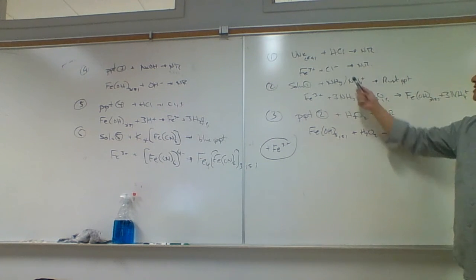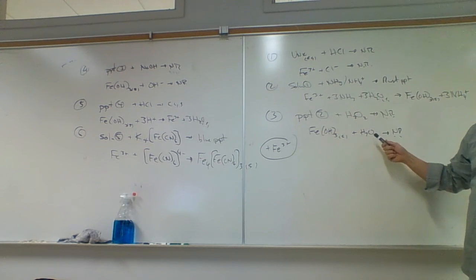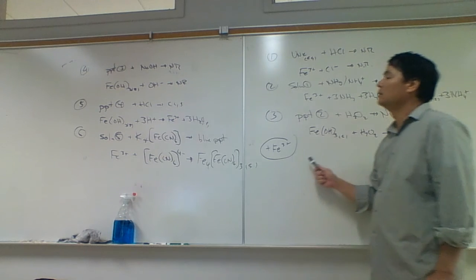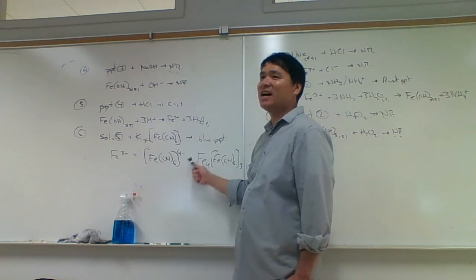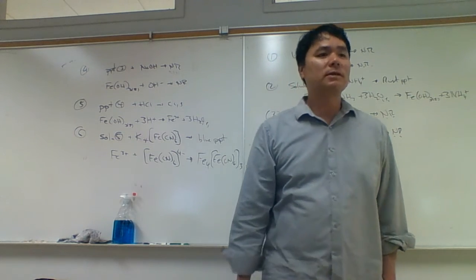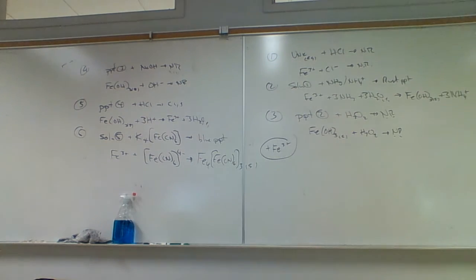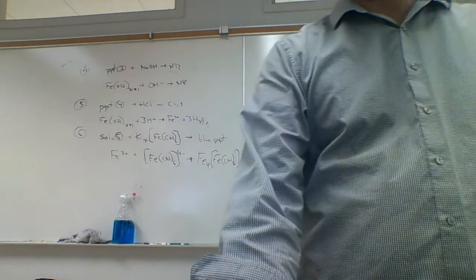This is metathesis, redox, metathesis. So we got a whole bunch of metathesis reactions. All right, so either do chromium or aluminum, and then I'll check these as we go along.